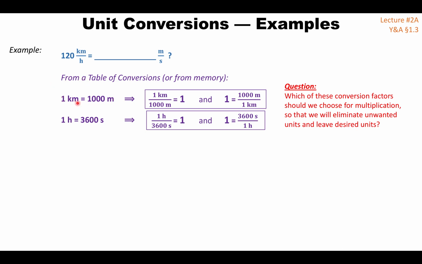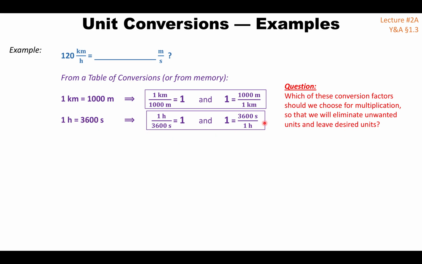I turn that conversion into 2 conversion factors, and then I examine those 2 conversion factors to decide which one is going to cancel the kilometers and leave me with meters in the numerator. I do the same thing with a table of conversions for time. And I find a conversion between hours and seconds. I create 2 conversion factors from that.